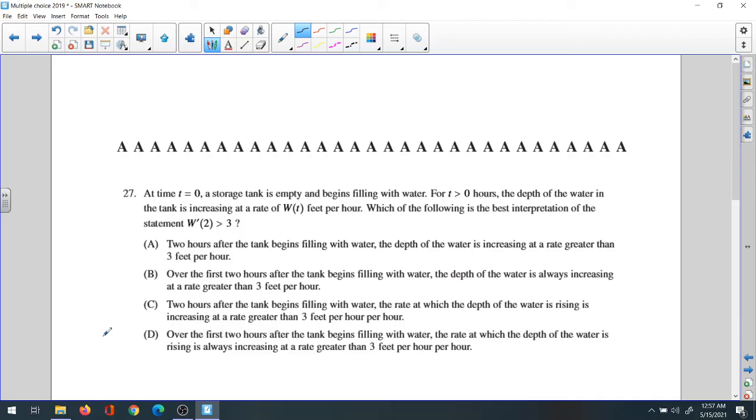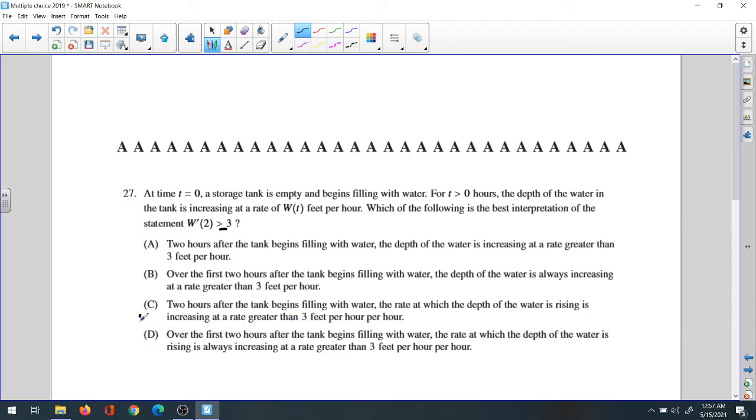A, B, C, or D. If you look at all the situations, you're going to find the one that makes sense and expresses the situation here. 2 hours after the tank begins filling with water, the rate at which the depth of the water is rising is increasing at a rate greater than 3.